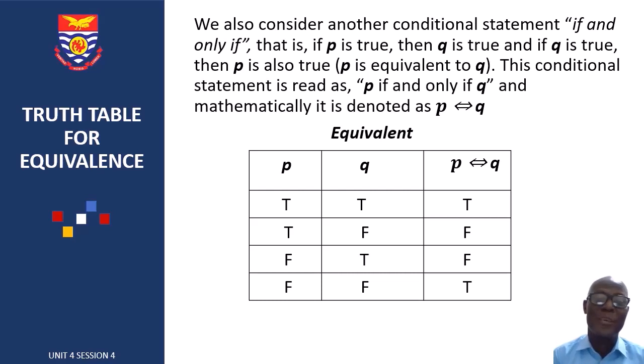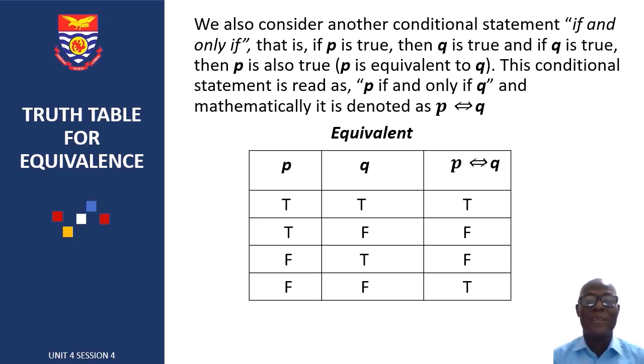If P is true and Q is false, then P implies Q is false, since the first statement is true and the second statement is false. However, its converse, Q implies P, is true, since the first statement is false and the second statement is true.